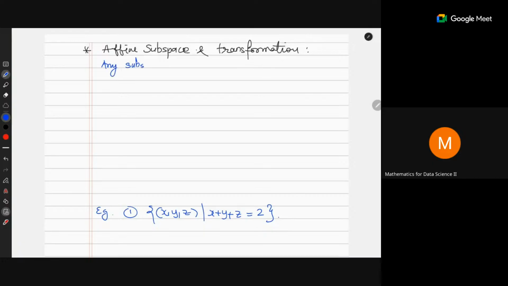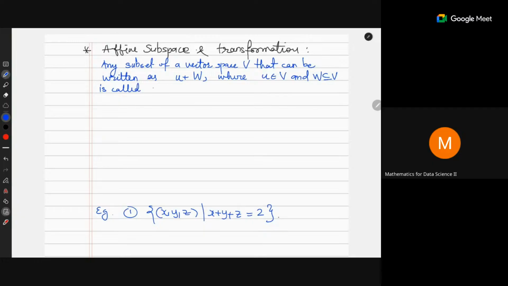Any subset of a vector space V that can be written as U plus W, where U is a vector in V and W is a subspace of V, is called an affine subspace.